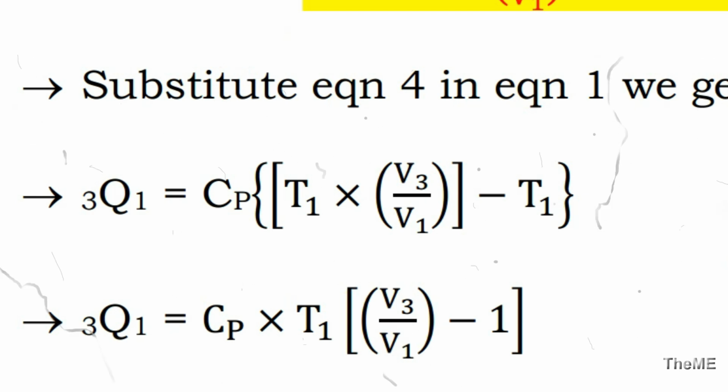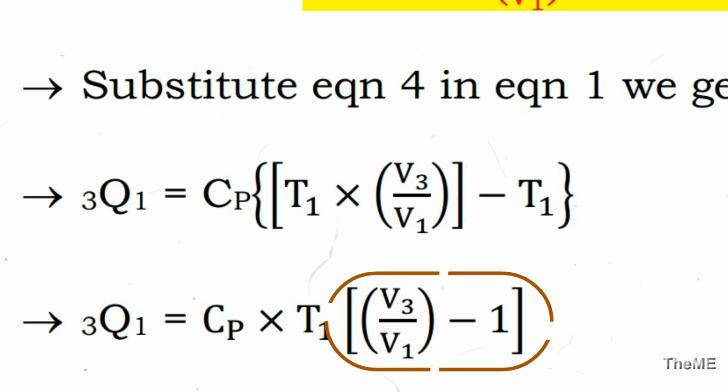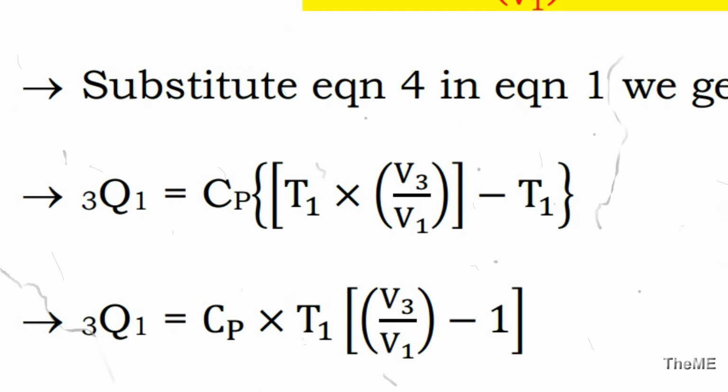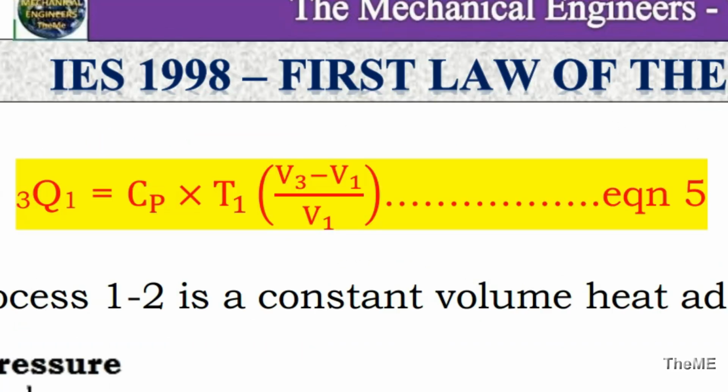Here V3 by V1 minus 1 is (V3 minus V1) divided by V1, because we are taking the LCM for the terms V3 by V1 minus 1. So the answer will be (V3 minus V1) divided by V1. So the next step will be Q3-1 is equal to Cp into T1 into (V3 minus V1) divided by V1, and consider this as equation 5.